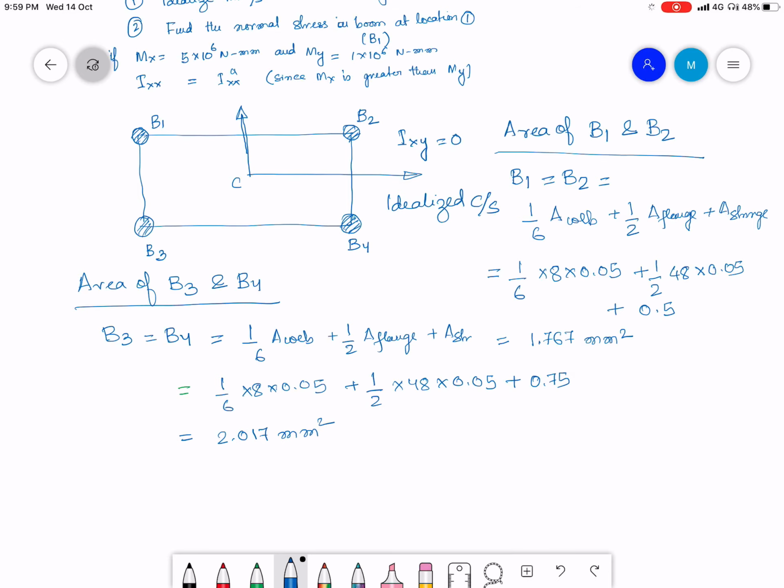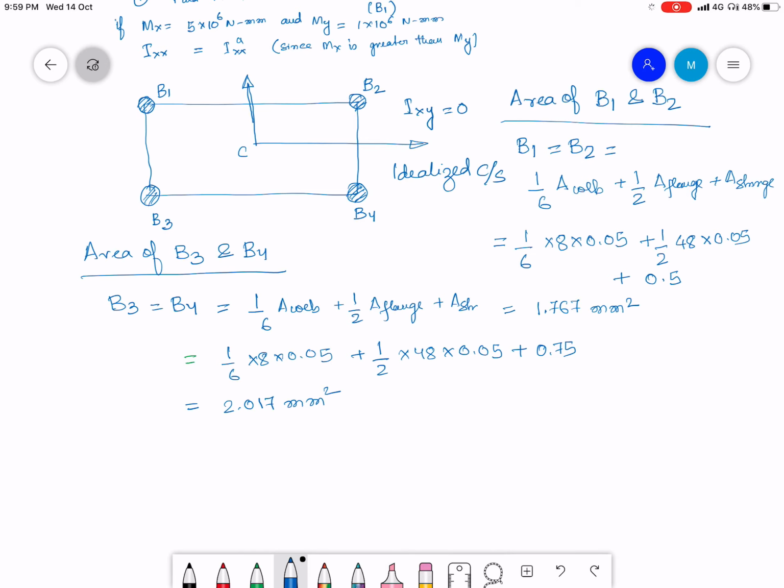Okay, so I now know the area of the booms. This area is going to be equal to 1.767 millimeter square, and this one is 2.017.